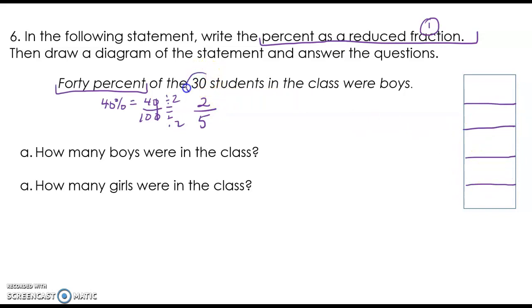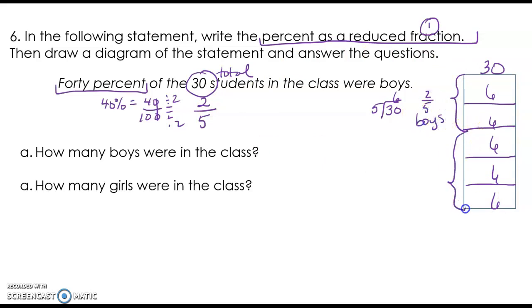Of the 30 students, so this is my total, and if I divide 30 by 5, I get 6, which goes into each one of these boxes. 40% is 2/5. So 2/5 were boys, and then 3/5 were girls.